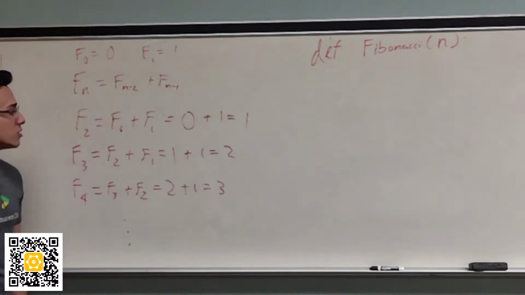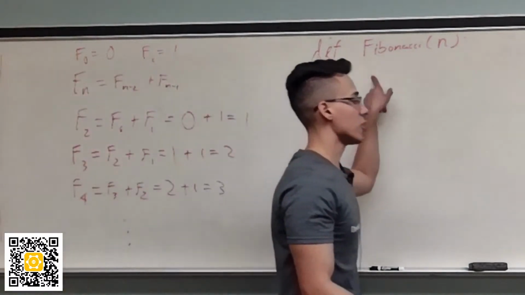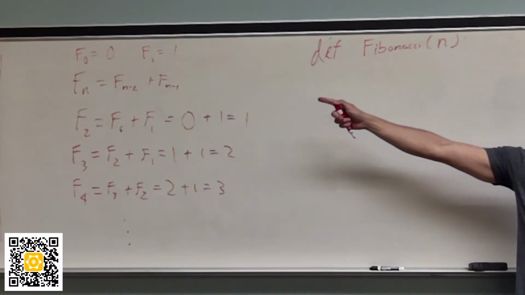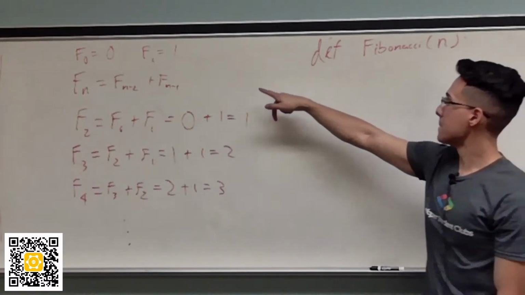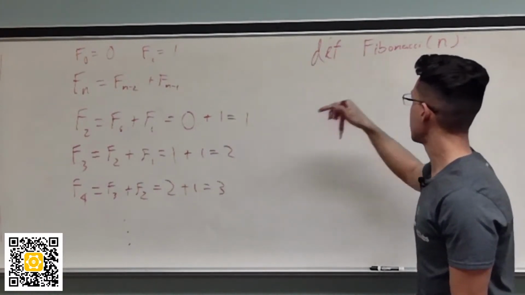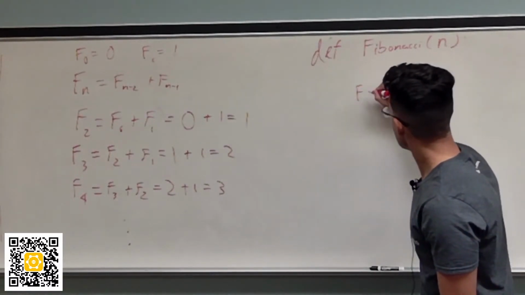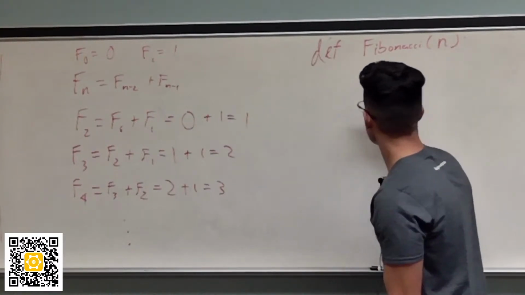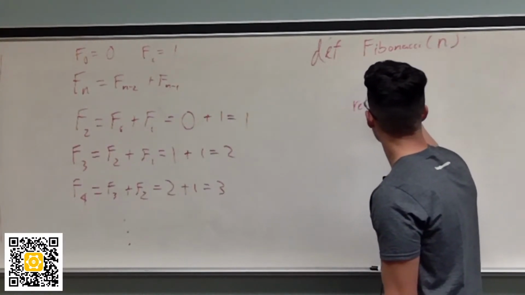So how do we write this function? We know that it's going to call on itself, but we have to make it stop at some point. Before I get to that, let me actually write the recurrence part.